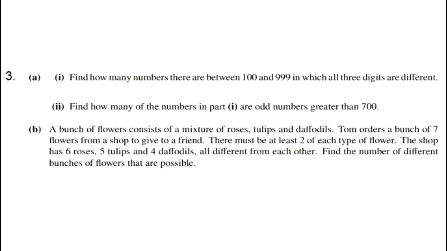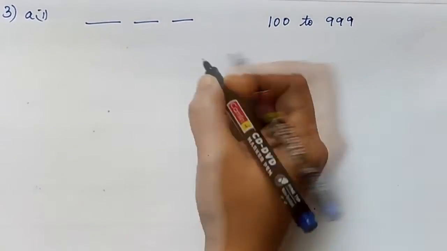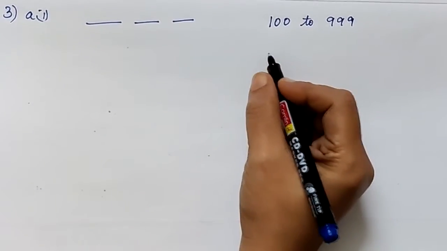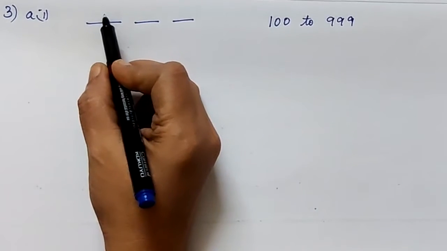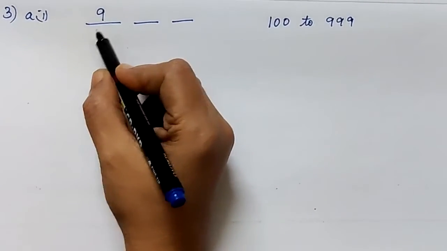The third question, A, find how many numbers are there between 100 and 999, in which all 3 digits are different. So, the first number cannot be a 0. So there will be only 9 possibilities over here.